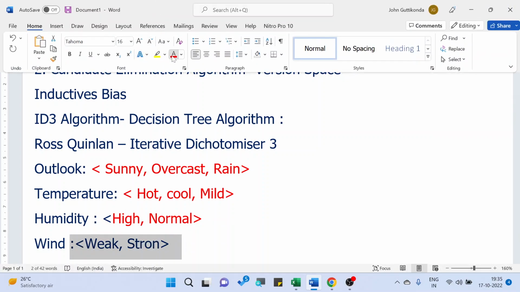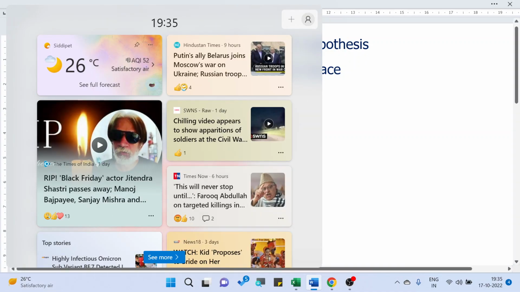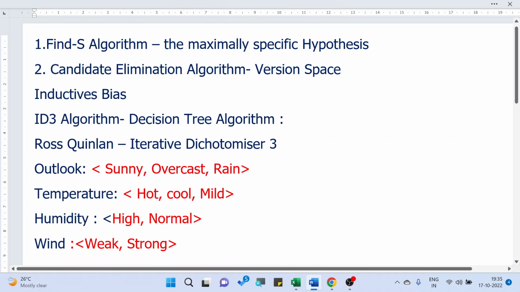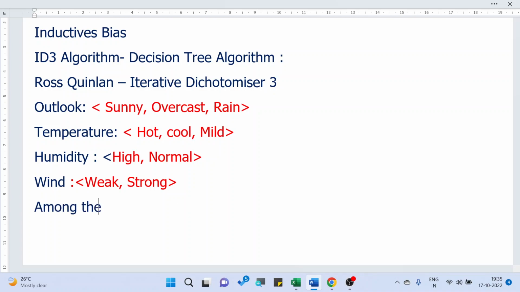Now the question comes. I think you know pretty well what a tree is. So we will be having a root to the tree. Out of these 4, which should be placed as the root? That is the question now. Among the given attributes, how many attributes are given? 4 in this case. Maybe in other problems there may be more than that.